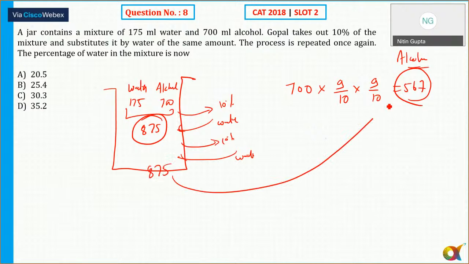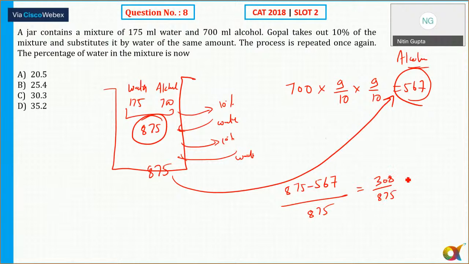Out of 875, alcohol is 567. So water is 875 minus 567, and I need to find the percentage of water, so divided by 875. That is 308 by 875.